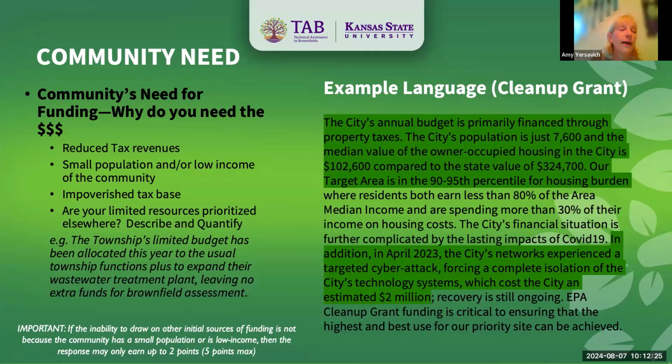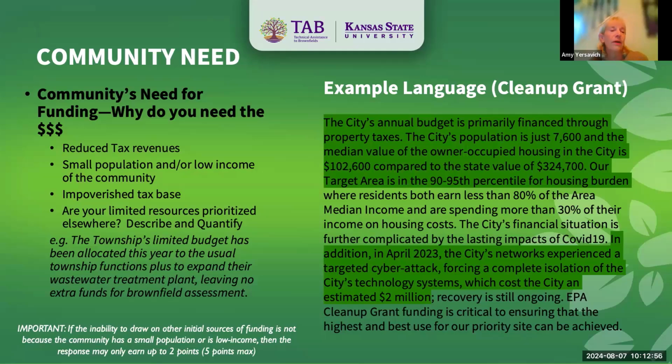So talk about that. If you have a small population or low income community, those are really important to talk about. In fact, if you don't have one of those, as you can see in my important note in white down there, you're going to receive only about 2 points of the 5 maximum points that you can receive for this particular subsection.